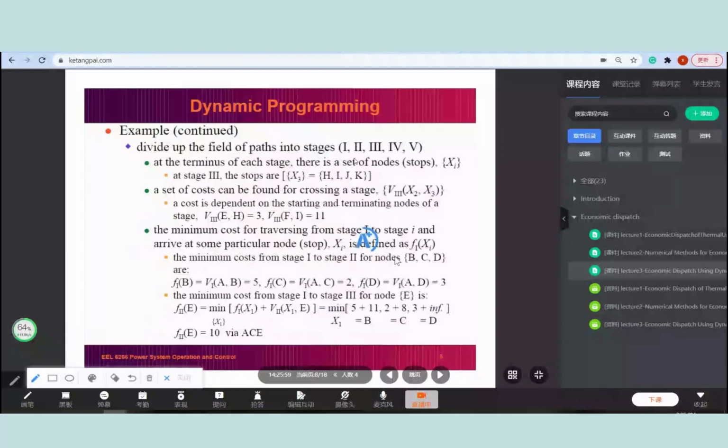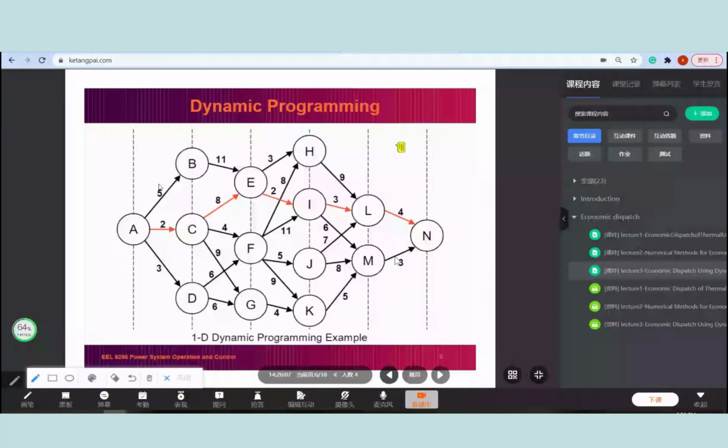Okay. So divide up the field of paths into several stages. For example, for this we will develop this problem into 5 stages: stage 1, stage 2, stage 3, stage 4, and stage 5. This is one stage.